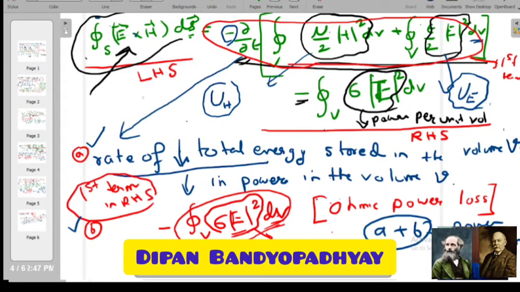Basically the net outward flow of the power should be equal to the rate of decreasing power.